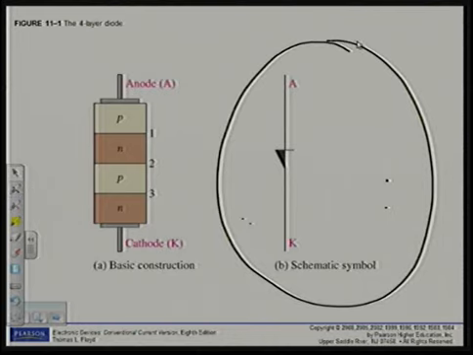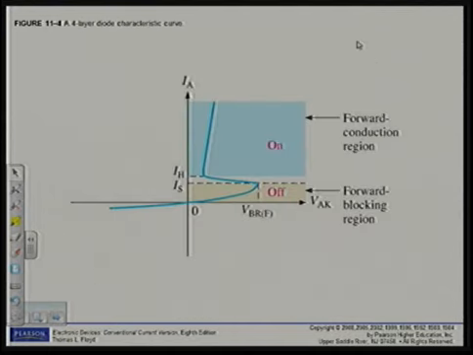What you should know is the 4-layer diode's characteristic curve on page 555. Let's have a look quickly at the characteristic curve, and please, if you are asked to draw this characteristic curve, remember that it must be fully labeled to get all the marks that you should get for the question. Alright, this characteristic curve is the anode current against the anode-cathode voltage, VAK.